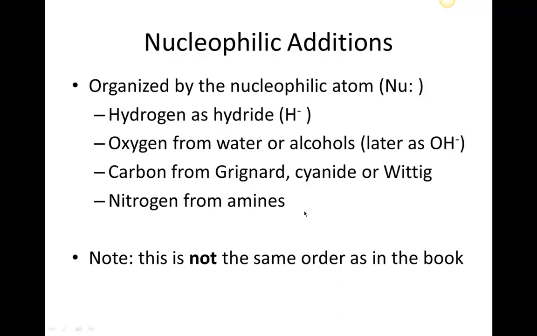You can have carbon nucleophiles: we'll talk about Grignards, cyanide ions, and also Wittig reagents, which is a new kind of thing we need to build up information about. And then nitrogen nucleophiles, which come from amines. Like I said, it's not in the same order as the book, but it's a sensible progression, and I will use a similar progression when we get to chapter 21, emphasizing the nucleophilic atom.